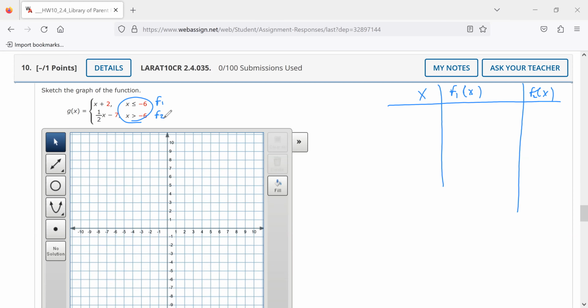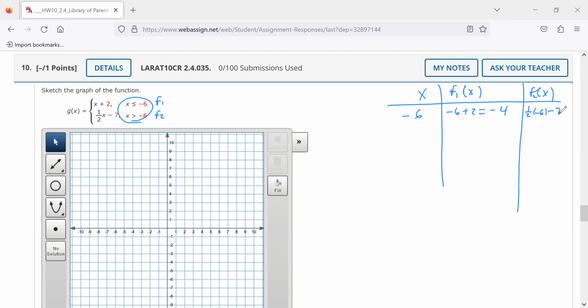If I were to choose -6, right, you would get -6 plus 2 for the first function, giving you an output of -4, right? If I do -6 over here, that would be half of -6 minus 7.